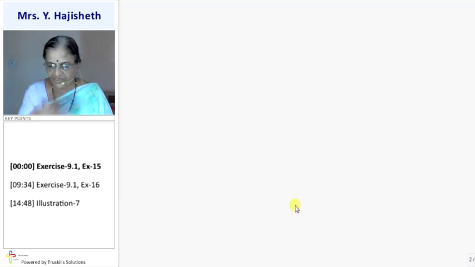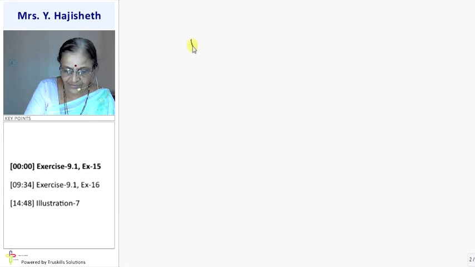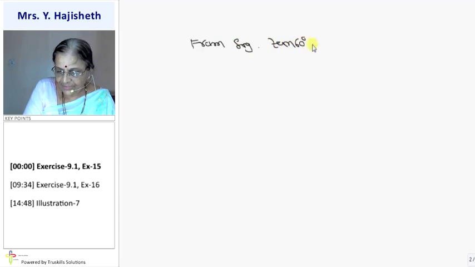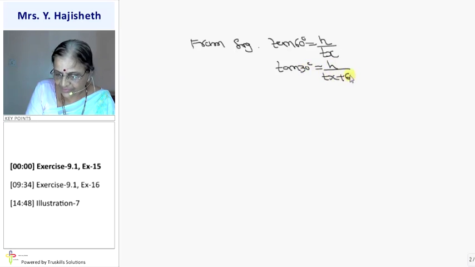Now from figure, I take tan 60 as well as tan 30. And you know when tan 30 and tan 60 you are taking, मैंने ट्रिक बताई है, you have to take the ratio of both. tan 60 आया h upon tx, okay? And tan 30 आया h upon tx plus 6x, okay?